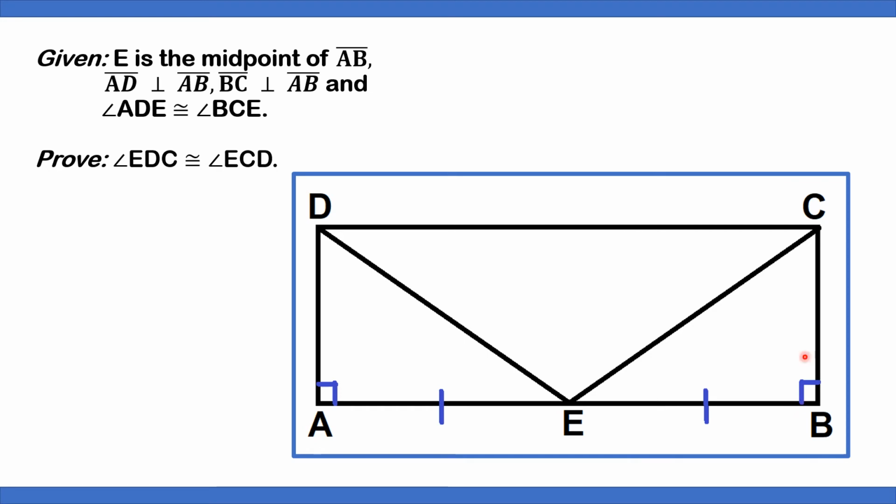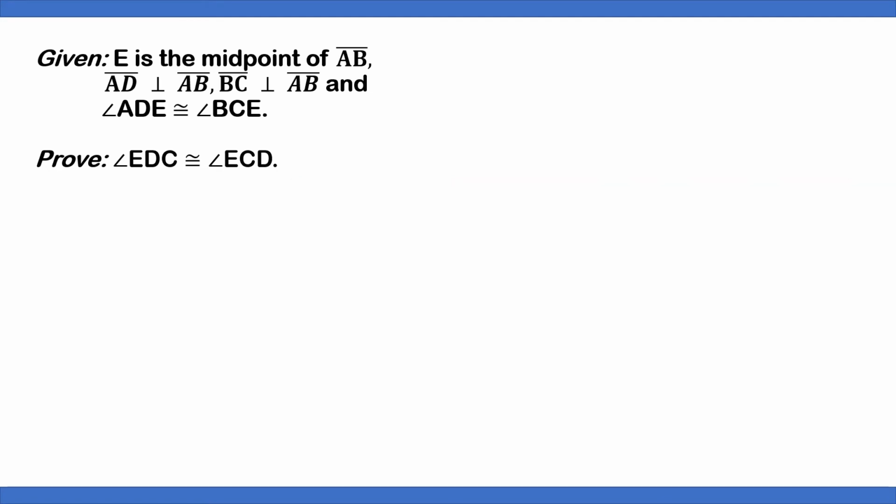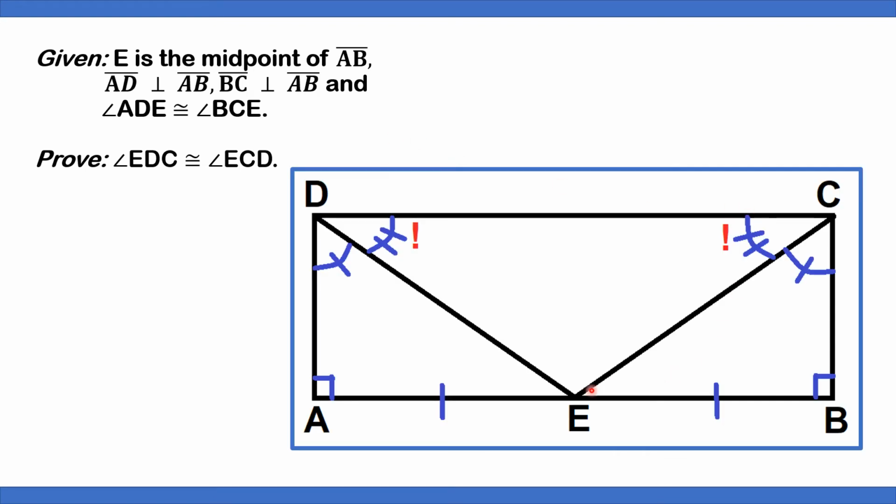So it must imply that angles CBE and DAE are right angles. Angle ADE is congruent to angle BCE. Prove that angle ADC is congruent to angle ACD.